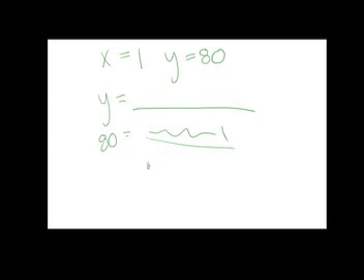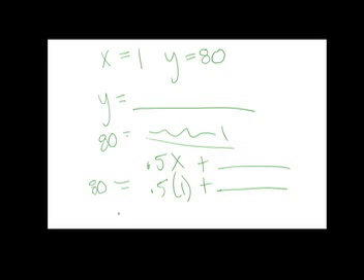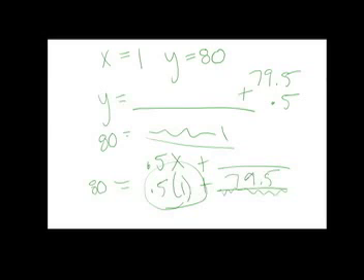With 0.5x plus something, we know that if 0.5 times 1 plus something has to equal 80, then the something over here has to be 79.5, because 79.5 plus the 0.5 we get from multiplying my x term is the only thing that gives me the 80 that I'm told the answer has to be. So that's why they put 79.5 instead of 80.